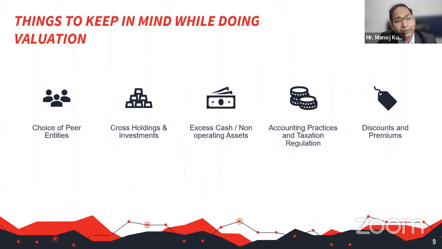As and when we try to apply any method or approach of valuation, we should consider what factors need to be considered. The most important factor is the peer entity or peer transactions we are determining for the purpose of the valuation.